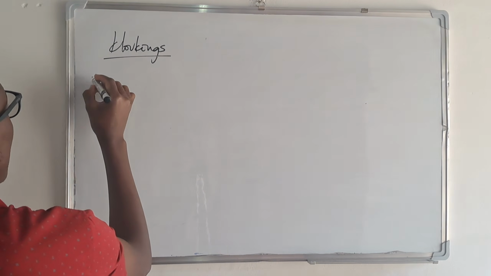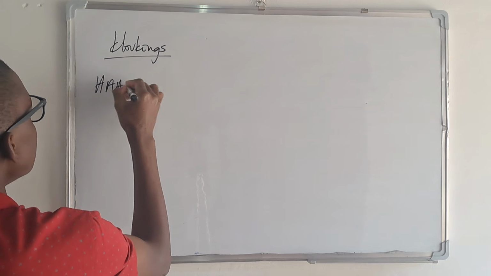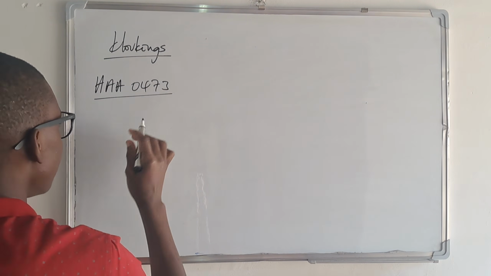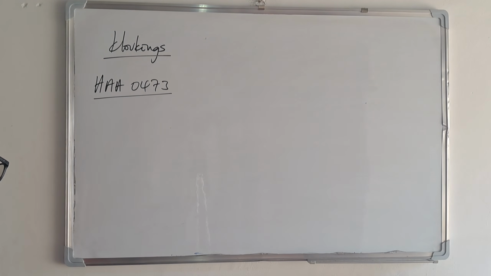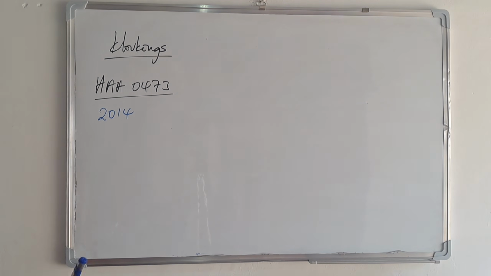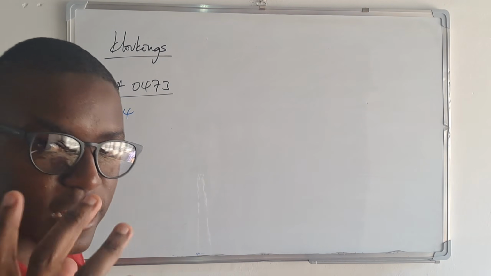First, we want to calculate the depreciation of AAA 0473. We are given two motor vehicles. For AAA 0473, suppose on 2014, before we go any further, we are required to use the straight line method.